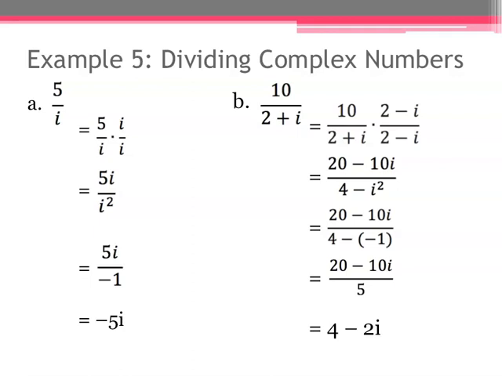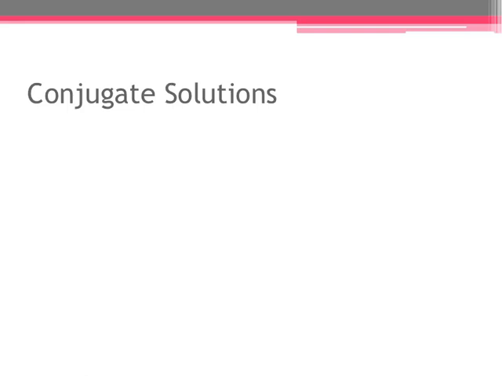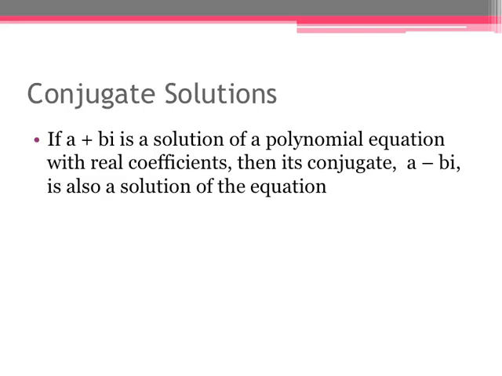We actually know that if a plus bi is a solution of a polynomial equation with real coefficients, then its conjugate, a minus bi, is also a solution of the equation. So just relating this back to everything that we've been doing up to this point, if you know that a certain complex number is a solution, you know that its conjugate will also be a solution.